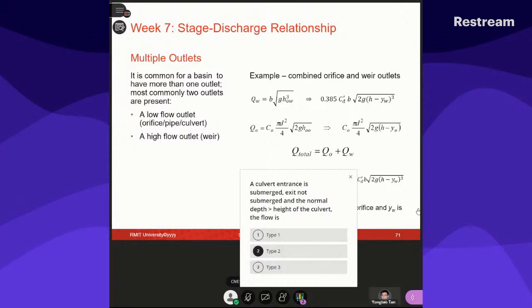If the exit is not submerged, it cannot be type 1. Type 1 is when the exit is submerged. So we need to check whether it is type 2 or type 3.